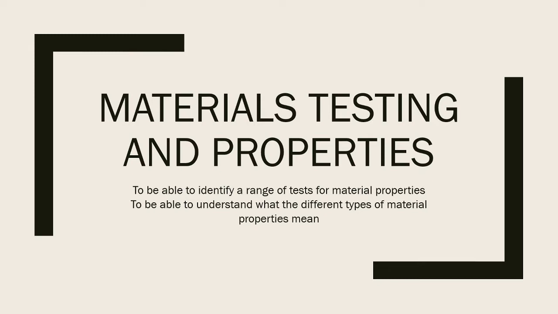Now it's important that you're able to identify those properties, and there are some what's called workshop tests that you can do. There are also industrial tests, but in terms of the scale that you can do and what's expected in the exam, there are workshop tests you need to know in order to identify what those properties are.